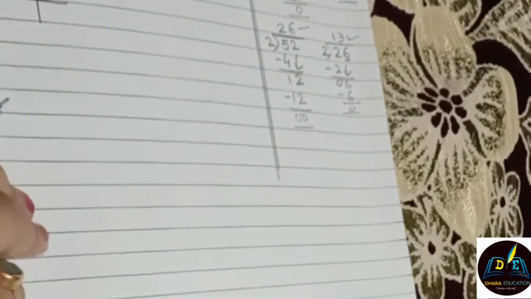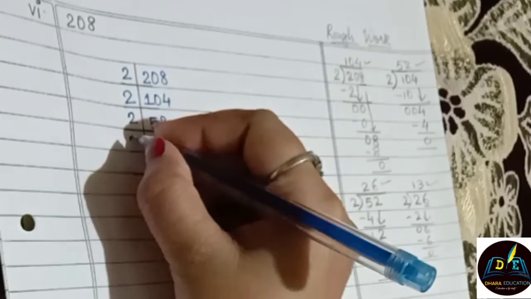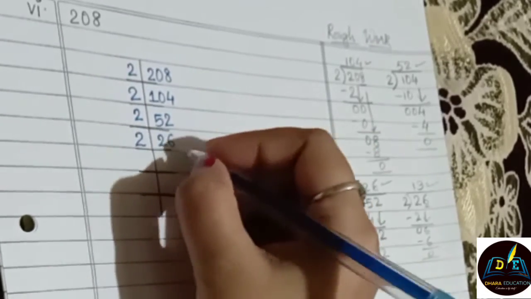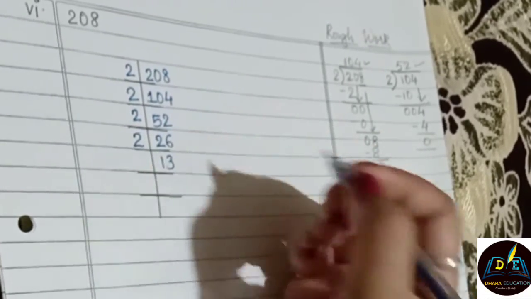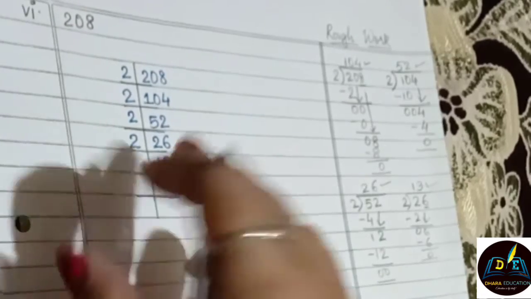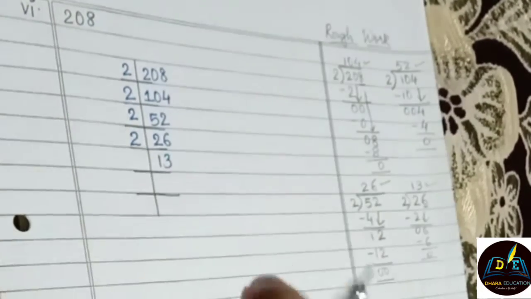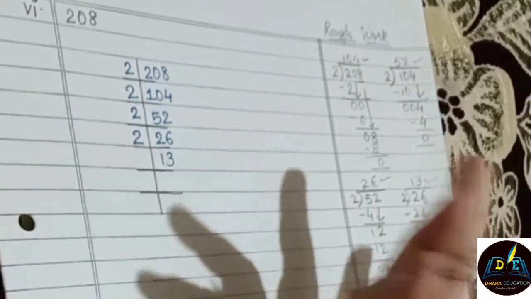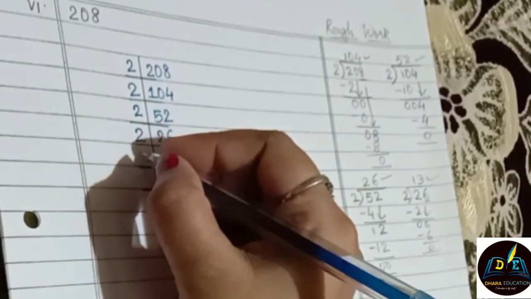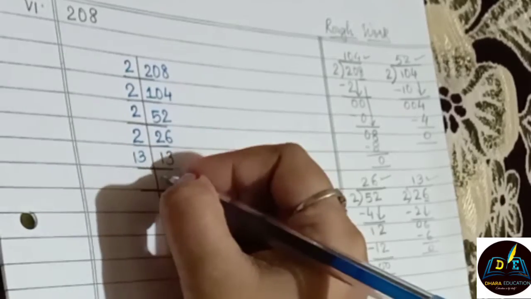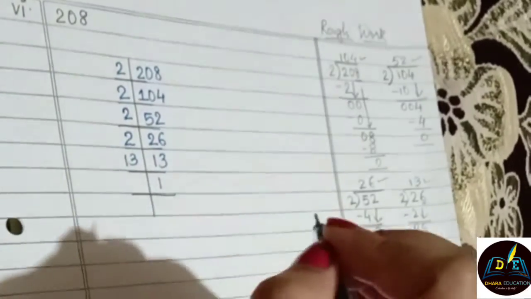So here we need to write 26 divided by 2 and we are getting the quotient as 13. Now 13, in which table will 13 come? Only 13 multiplied by 1 gives you 13. So 13 ones are 13. So this is our sum.